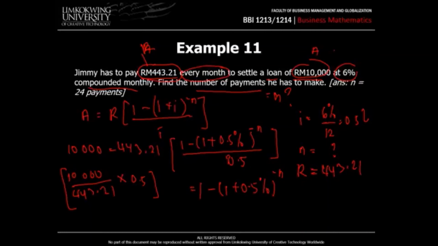What is the value that we get here? 10,000 divided by 443.21, multiply with 0.5, divide by 100. 0.1128, 0.112813.